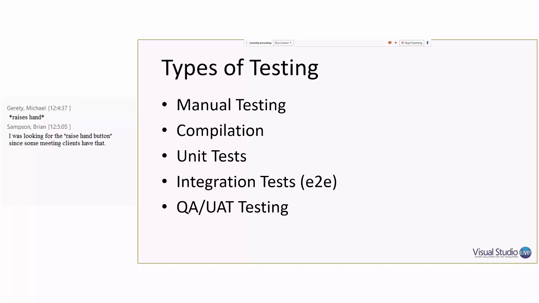The problem with manual testing is it's not really sustainable, right? Over the long term, as the application grows, you can't manually test the same thing, and when it comes to regression testing, you're never going to catch all the bugs you want to catch. The next one we can't really rely on is QA and UAT testing.